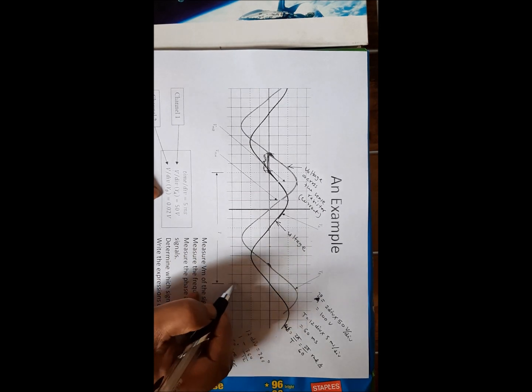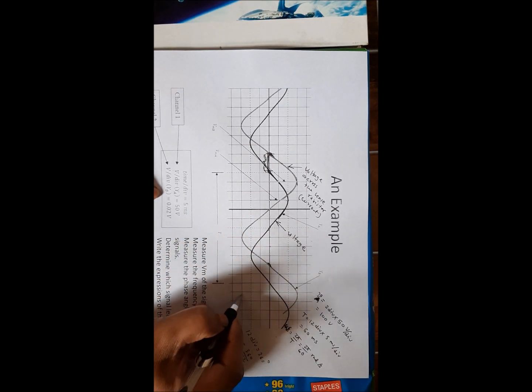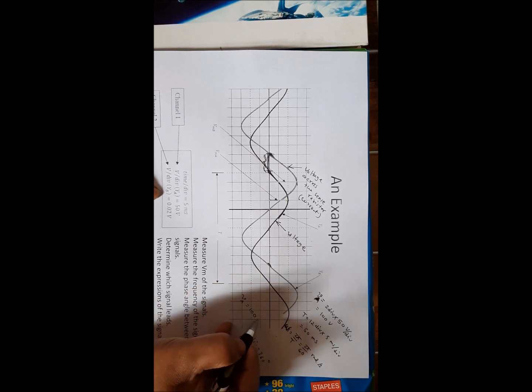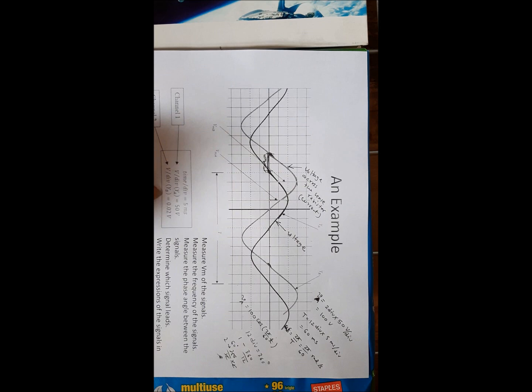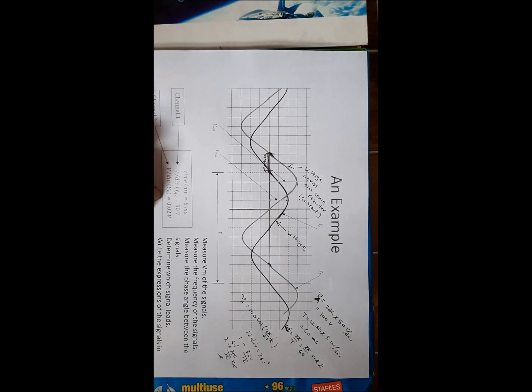So now if I wanted to write the expression for VA, the expression will be 100 volt, and let me write in terms of cosine, and this frequency is 2 pi 60 times t. So this is the expression for VA.